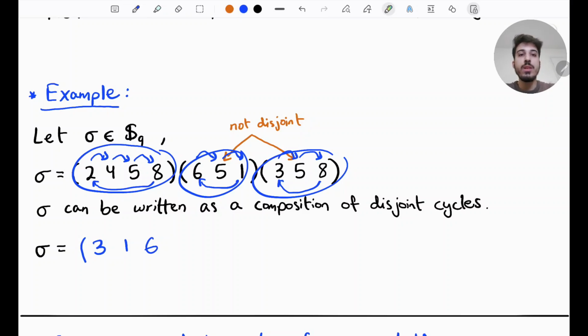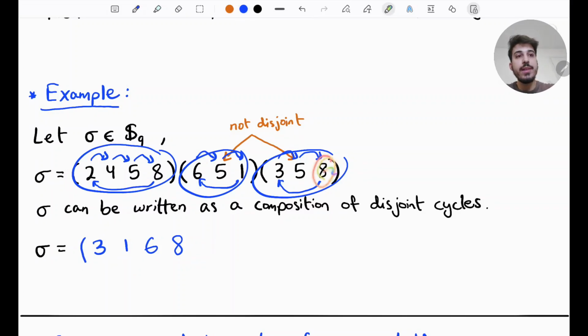Anyways, 6 is sent to nowhere, so it just remains 6 for the moment. But if we look to the left, we have 6 is sent to 5. And if you look to the left, we see that 5 is sent to 8. So 6, in fact, at the end of the day is sent to 8. And we see where 8 is being sent to.